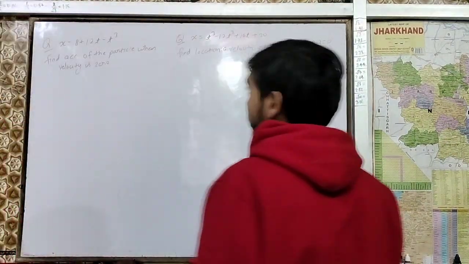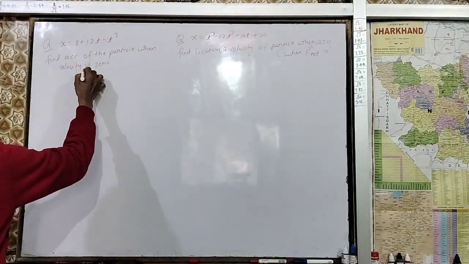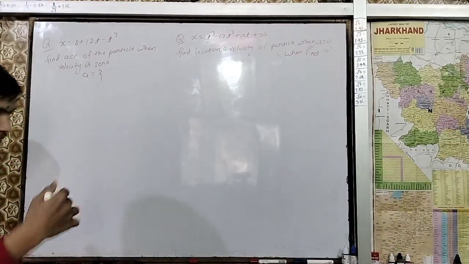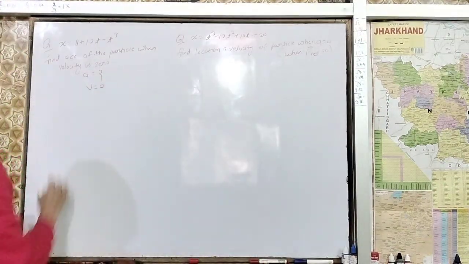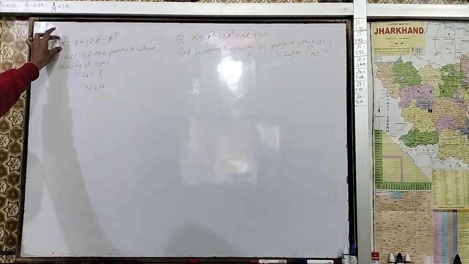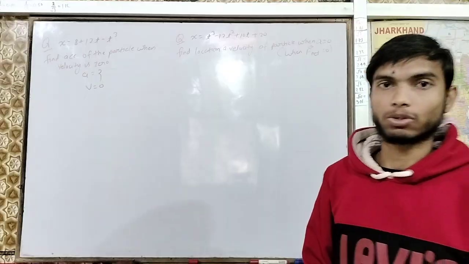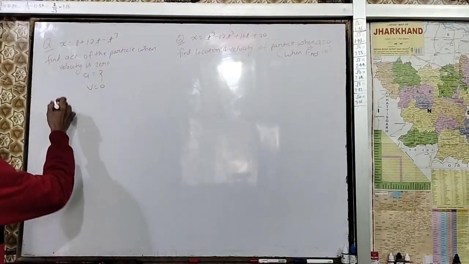Our work is to calculate the acceleration of the particle. What is the acceleration of the particle where velocity is becoming zero? Tell me, this is not the equation of velocity. It is the equation of location x.